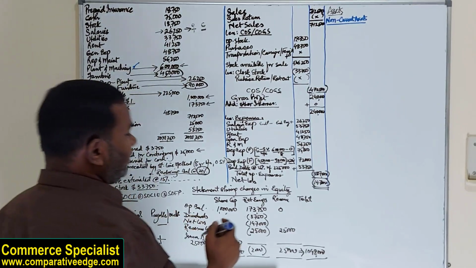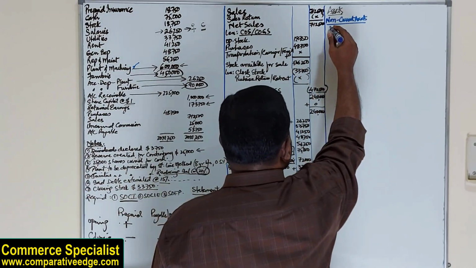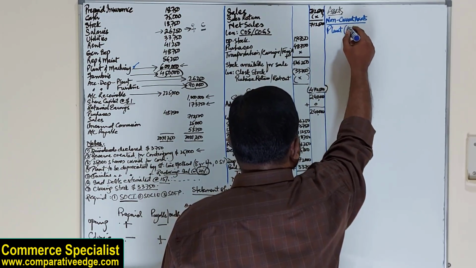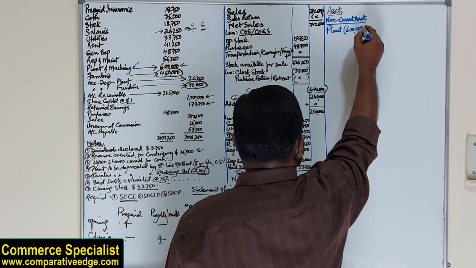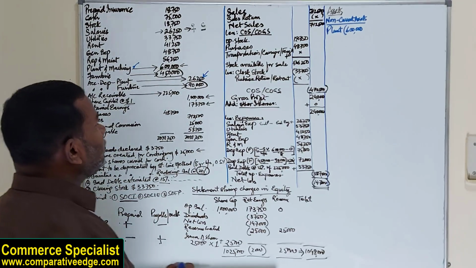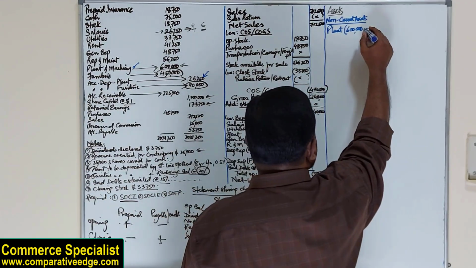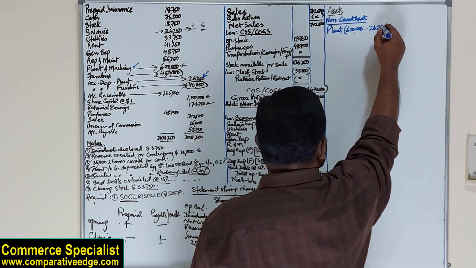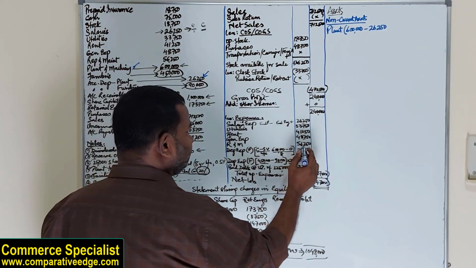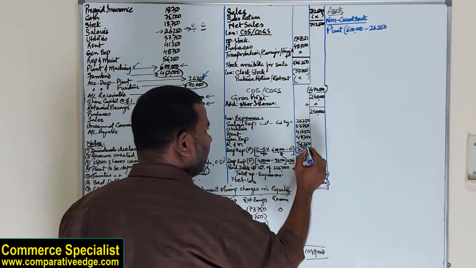The cost is 600,000. See what I'm going to do here. Plant. The cost is 600,000. How much is the accumulated depreciation on plant? 26,250. You minus that. What is the current year depreciation on plant, which is 75,000?